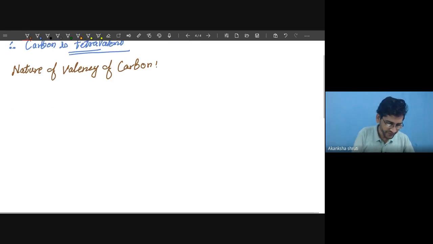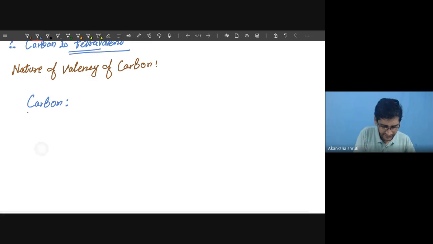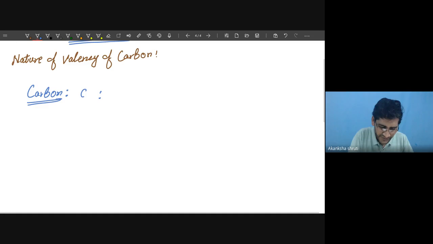Students, so how is this carbon? If I consider this carbon denoted by C, its electronic configuration is like this.